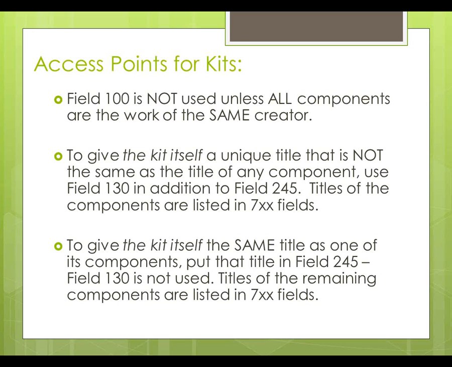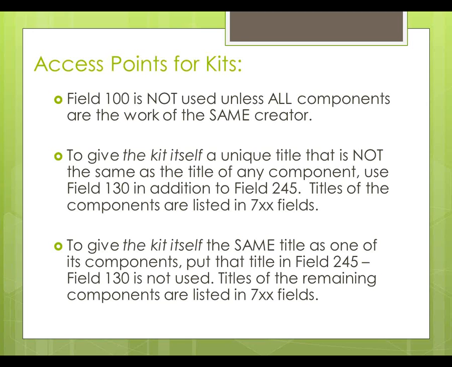You have something to do with trains and something to do with planes and something to do with automobiles. You can add field 130 to the record and put in your chosen title for the kit there in that field as well as in field 245.